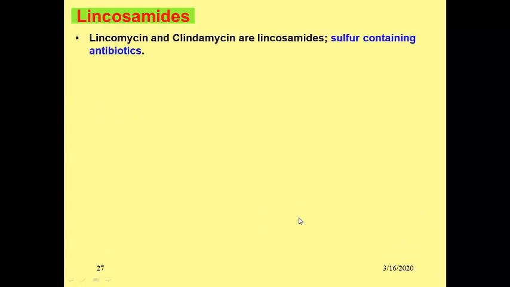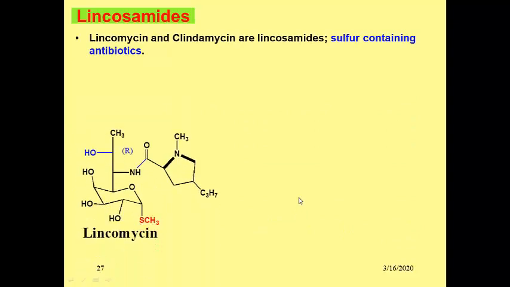The last group is lincosamides. Lincosamides, clindamycin and lincomycin, are sulfur-containing antibiotics. This is lincomycin: an amide, a sugar with pyrrolidine, which inhibits the 50S ribosomal subunit.